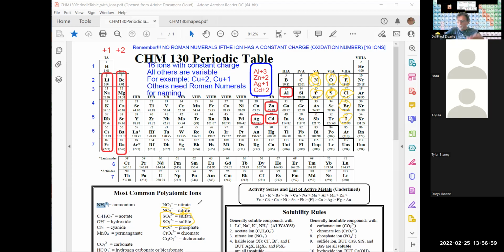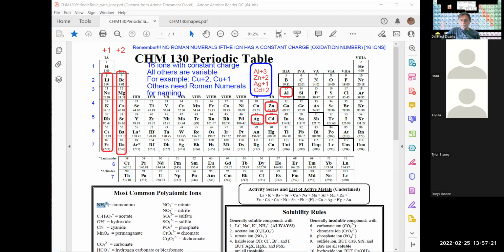And those are the 4 different items, and be able to distinguish them, because sometimes you're given the formula and you got to give the name, and sometimes you got the name and you got to convert the name into a formula.